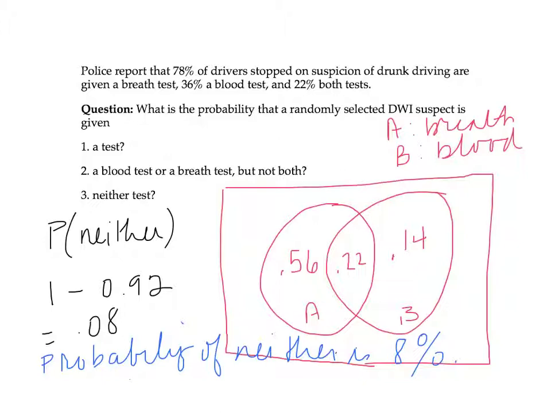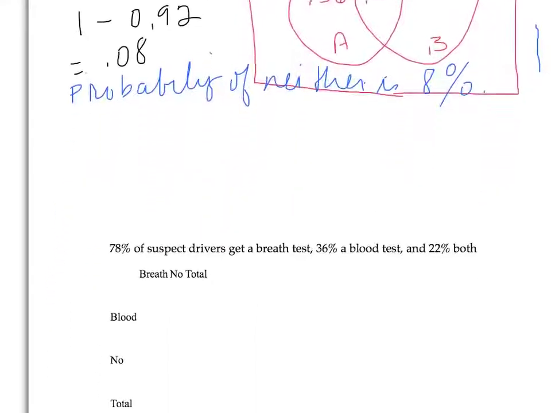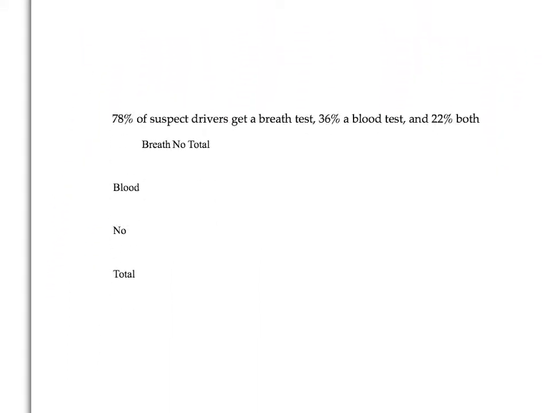All right. Now, it can be helpful sometimes to put them in a table. Some people see this in tables better. My table got squished a little, but I did breath, no breath, and total, blood, no blood test, and total, like that.